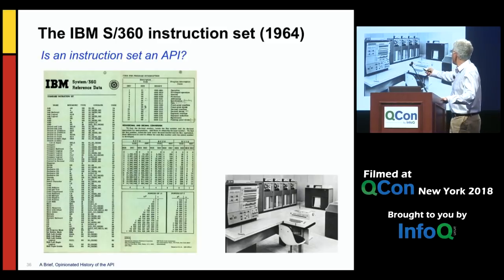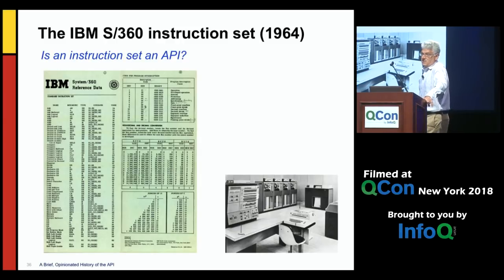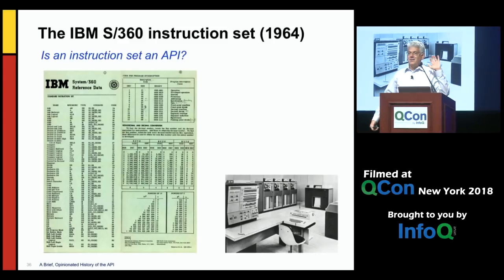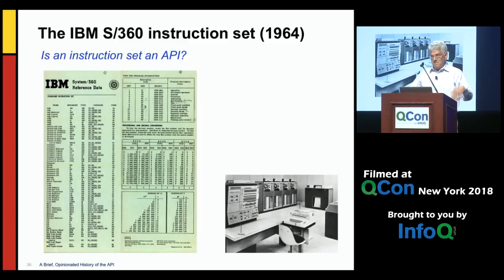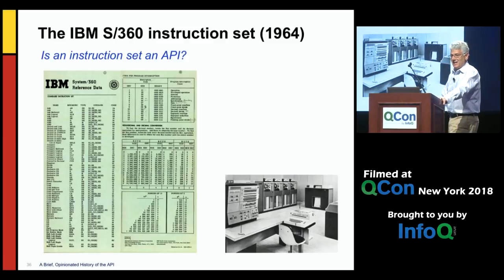It is summarized on this famous green card, and it ran on the IBM 360 architecture. It was subsequently re-implemented on other larger IBM 360s, and then on IBM 370s, and on clone machines by companies like Amdahl. The whole mainframe industry formed around this API.